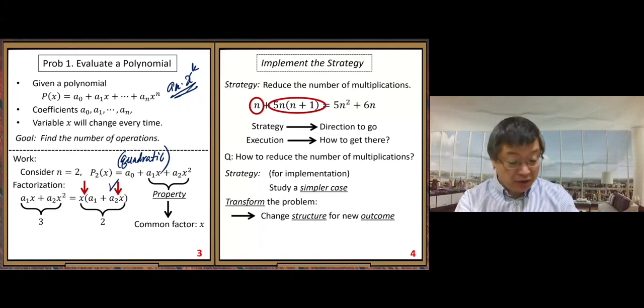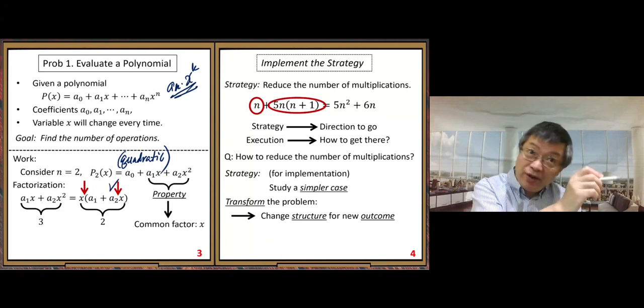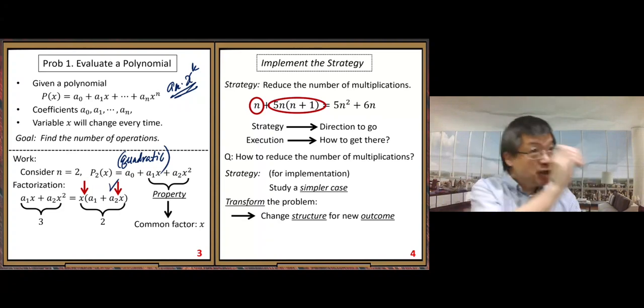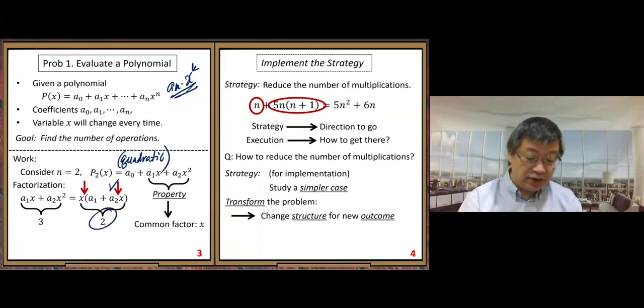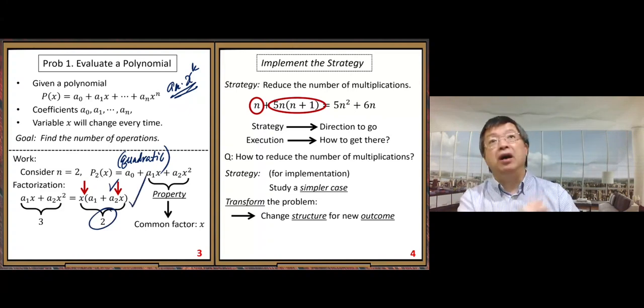So the number is 2. We can see from 3 to 2. Same value in 2 different expressions, but the number of multiplications is different. See? New outcome, right? After we change the structure, we get a new outcome.